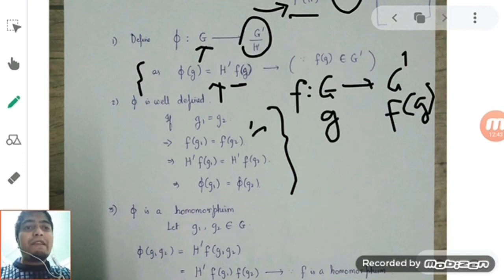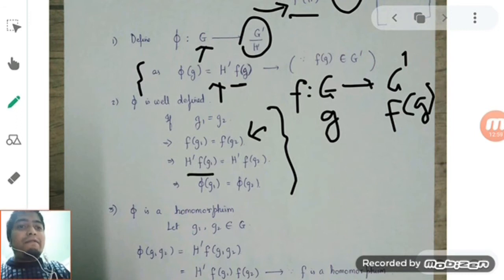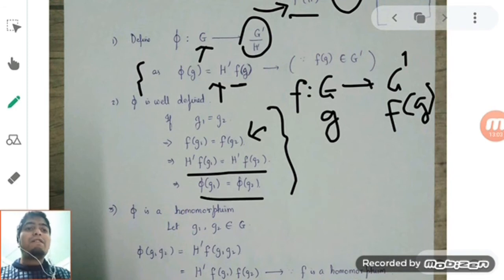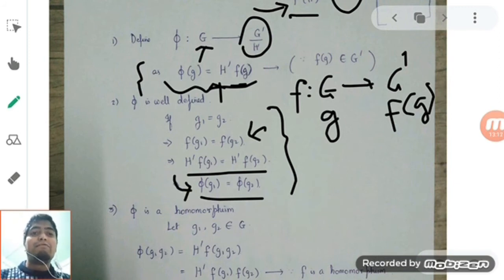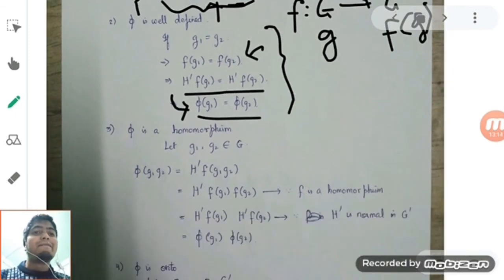You will have f(g1) equal to f(g2). Again, operate by H dash to form the cosets, and then you will have this. And this is equal to phi(g1) because phi(g) is equal to H dash f(g). So H dash f(g1) will be equal to phi(g1). Similarly on the other side.